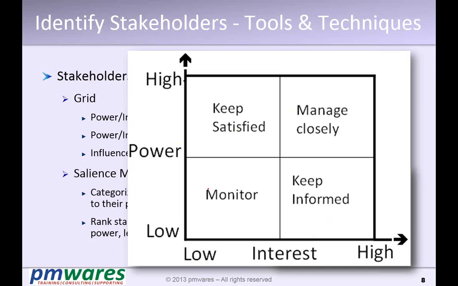Now, high power but low interest. Who are such people? Like your vendor management team, your organization. They're not interested in what kind of projects you are doing. What they're mainly interested in is how the procurement is happening, how the compliance is happening.